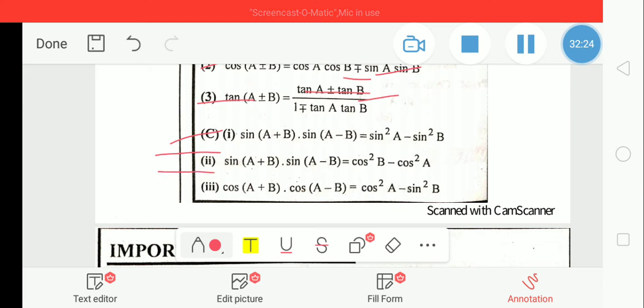This one also we have studied: sin of a plus b multiplied by sin of a minus b is sin square a minus sin square b, and also cos square b minus cos square a. Now here cos of a plus b multiplied by cos of a minus b gives cos square a minus sin square b.